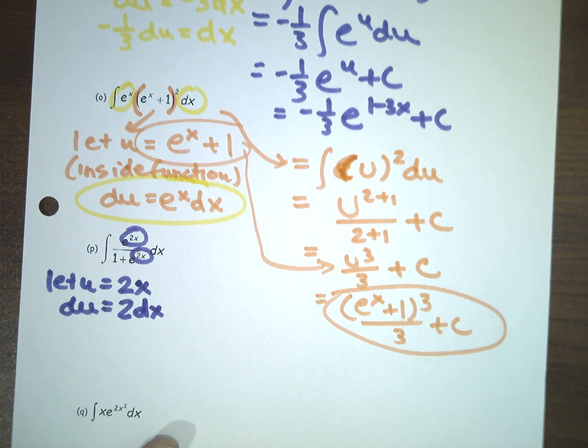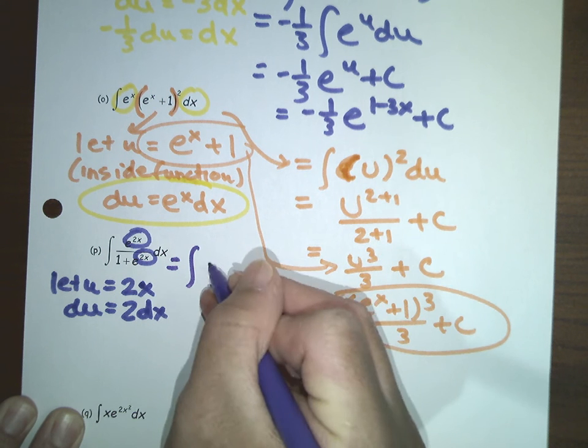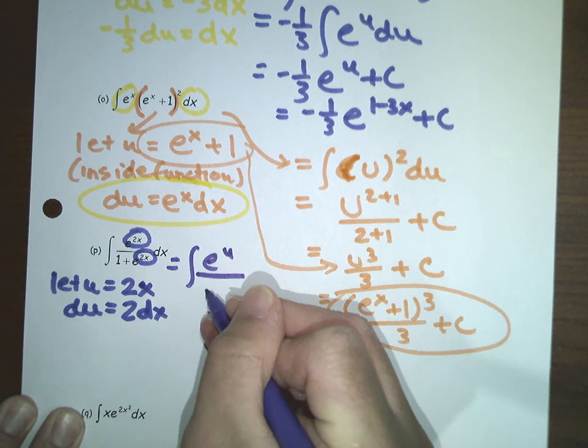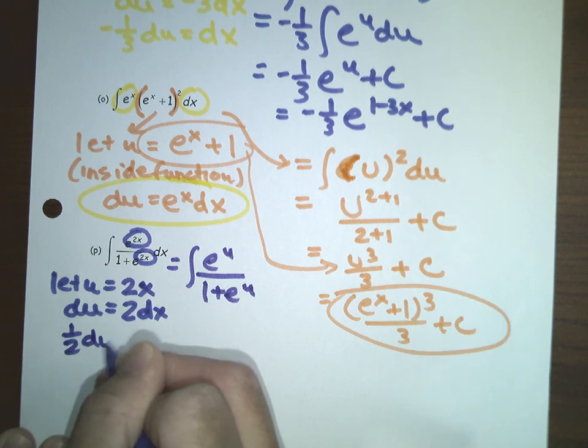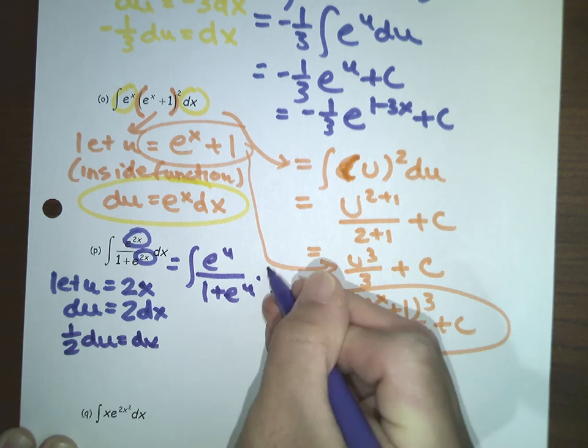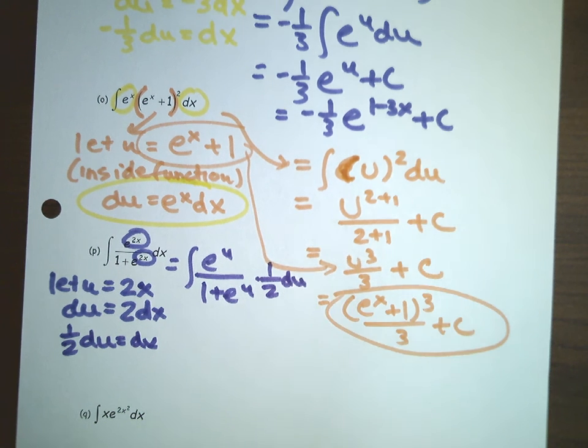Well, I'm not so sure about that, because then all you really have here is e to the u over 1 plus e to the u, and then you have 1 half du is equal to dx. So I have 1 half du here, and then I still have e's in the problem here, but there's not an issue with that.